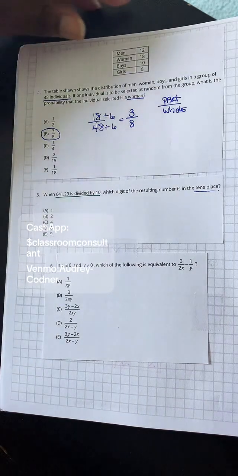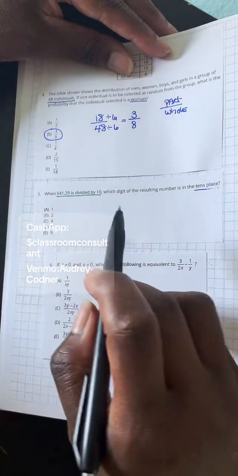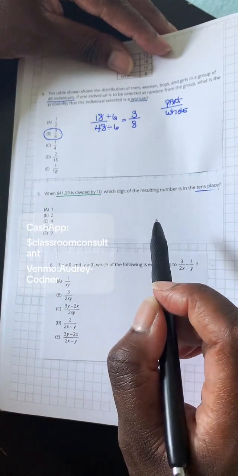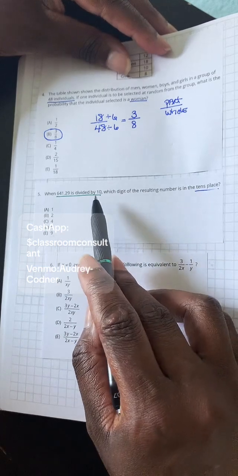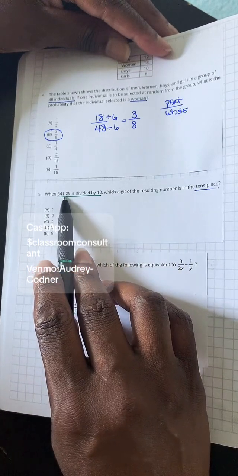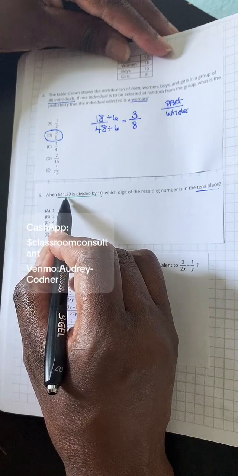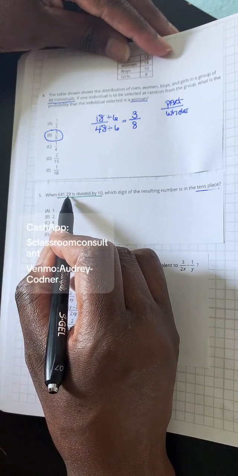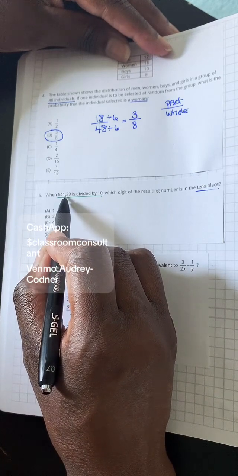Okay. Let's take a gander. Baby's saying 2. So first off, when you're dividing, you're making the number smaller. So you're not moving the decimal place to the right, because that makes it bigger. When you're dividing, you're making things smaller.